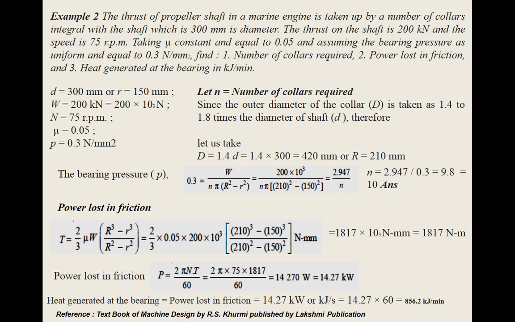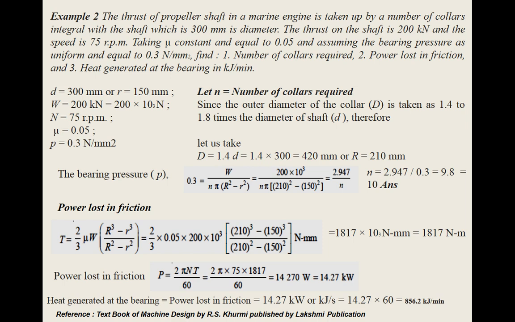First you have to remember here that a collar has two diameters. The first one is the outer diameter, capital D, and the second one is the inner diameter, which is equal to the shaft diameter, small d. In this question capital D is not given, so you have to assume it.